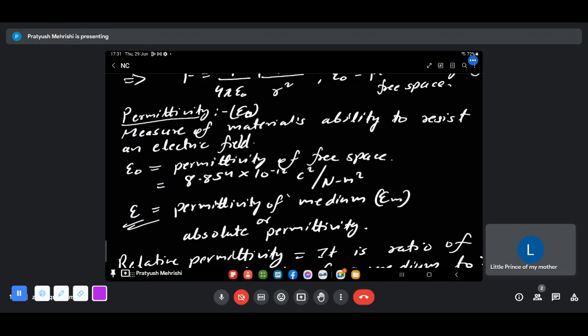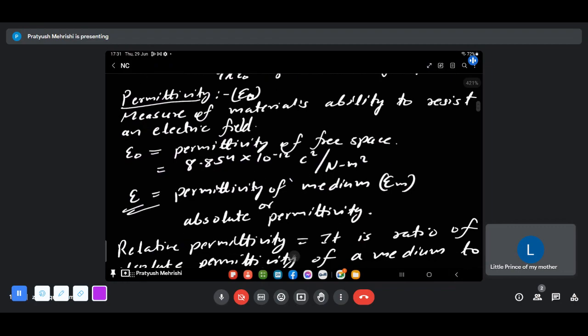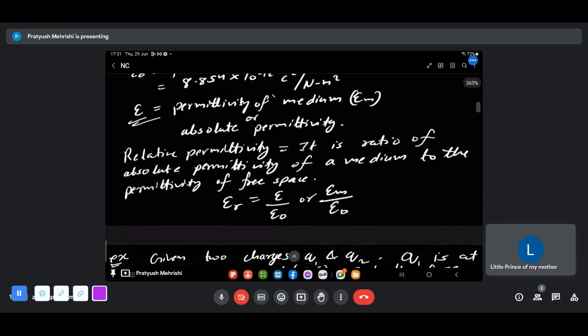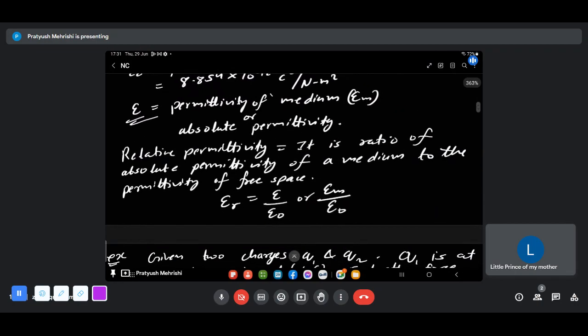Relative permittivity is the ratio of the absolute permittivity of a medium to the permittivity of free space. Epsilon R is equal to epsilon upon epsilon naught, or epsilon m upon epsilon naught. Got it? Yes, sir.